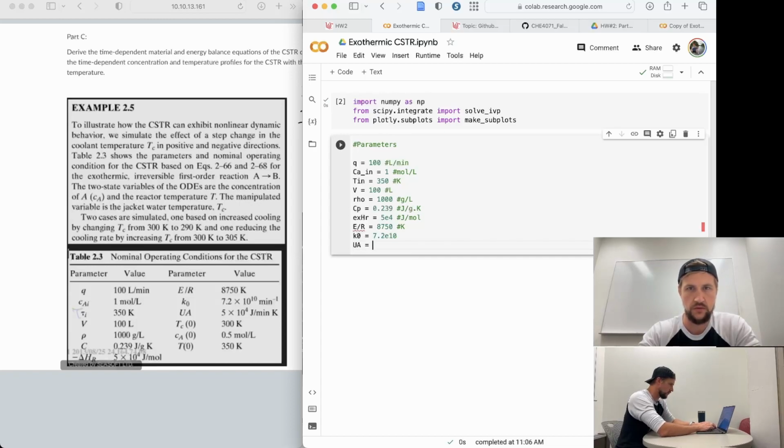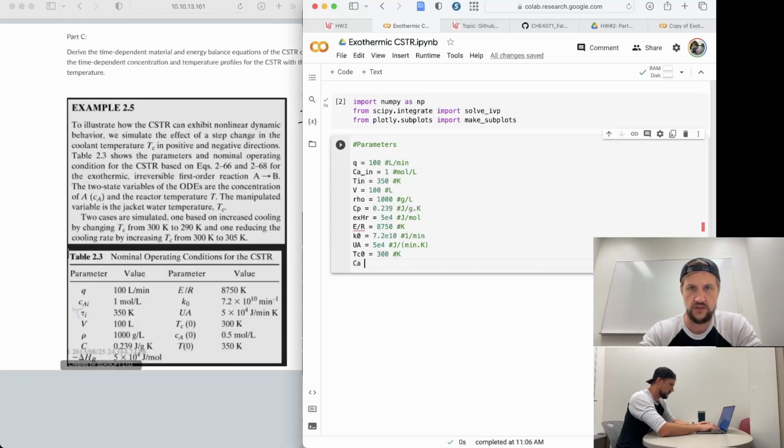UA equals, let's get the units in there, 5E4 joules divided by minute. Okay, and then our initial coolant temperature is going to be 300.